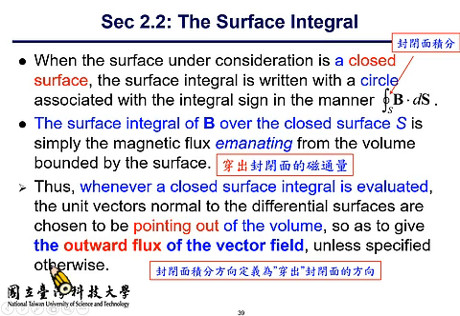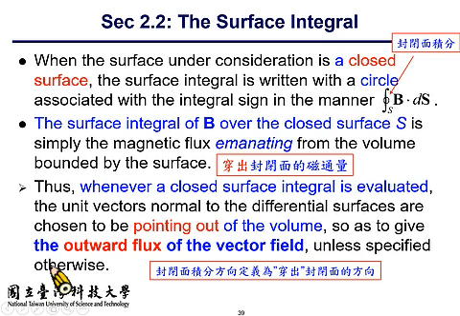So if the charge is placed within this spherical closed surface, then the total flux of the electric field is a positive number.